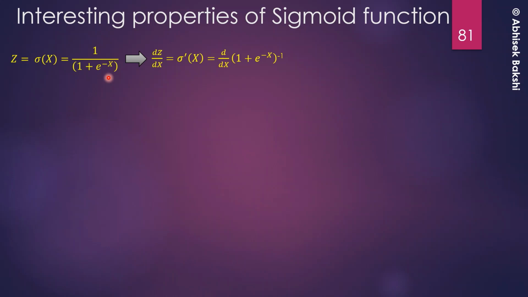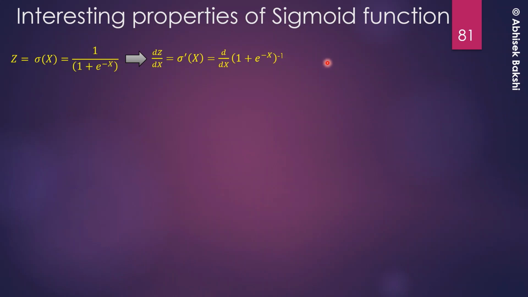So dz dx, which is basically represented in the form of sigma dash x, is something like this: d dx of 1 by 1 plus e to the power minus x. I have just represented this term by to the power minus 1, so it's the same actually, right?